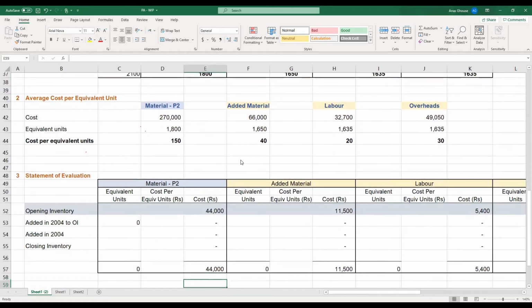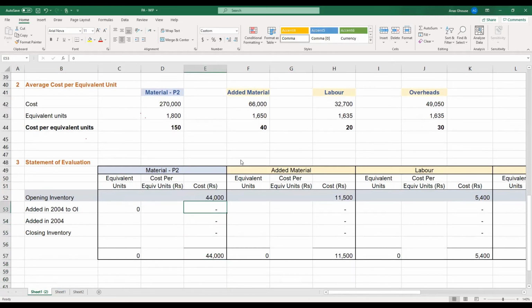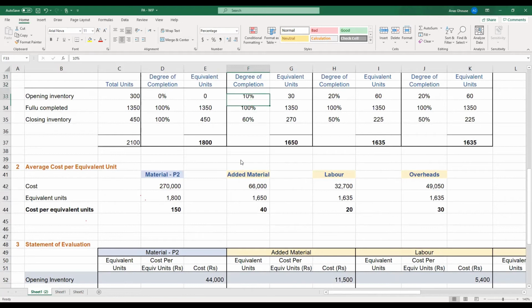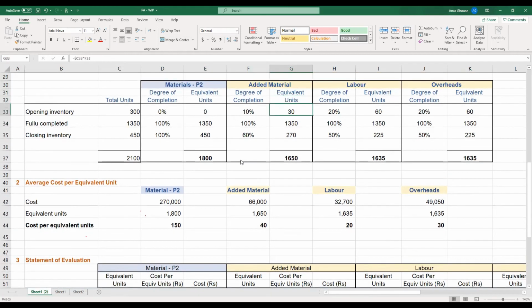The cost per unit for material from process 2 is 150. Since there are no units, there is no cost. And with regard to added material, you completed 10%, so therefore 30 units with regard to added material, then labor and overhead 60 units.